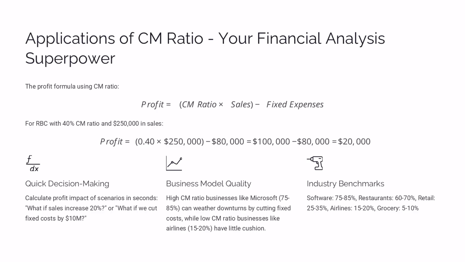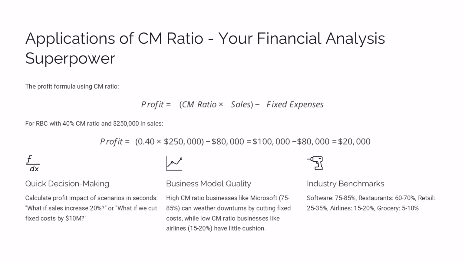So for RBC with 40% CM ratio and $250,000 in sales, profit equals 0.40 times $250,000 minus fixed expenses. $250,000 times 0.40 equals $100,000, minus $80,000 equals $20,000. And you can calculate this in your head in seconds while others are still opening Excel.